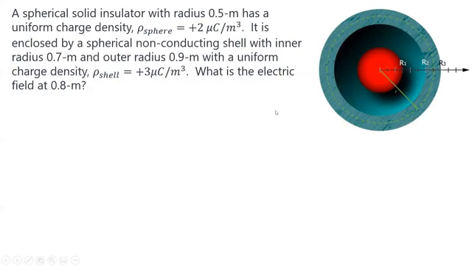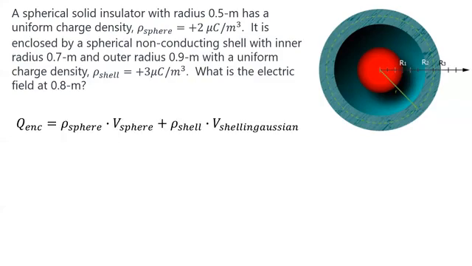Before I do Gauss's law, I think it might make sense to practice calculating what the charge contained is first. So the enclosed charge would be equal to the volume of the sphere times the charge density of the sphere. That would be the entire charge on the sphere. Then for the shell, I'm going to have to take the charge density of the shell times the volume of the shell that's inside the Gaussian.